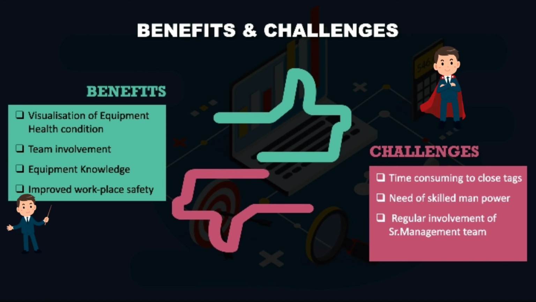At the same time, Fuguai tagging concept brings some challenges before management, like some red tags may need sufficient amount of time to close as per Fuguai and equipment condition, based on impact and urgency level of process condition. Circle members need to develop adequate skills to identify all hidden Fuguais. Senior management team's regular involvement and encouragement is required to sustain and continue this Fuguai tagging concept.